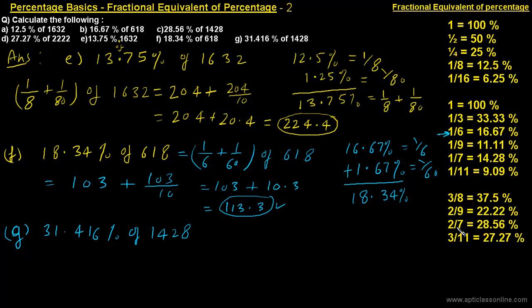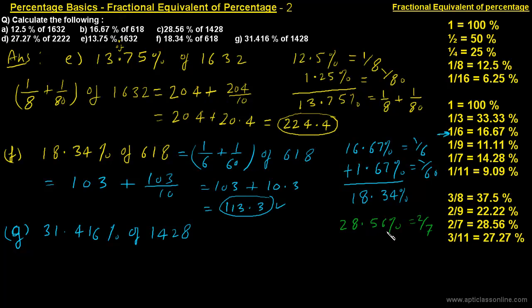Also, you have seen 2 by 7 is equivalent to 28.56%. And 31.416% is somewhat bigger than this 28.56%. What we have seen in the earlier two examples, you can guess again: how much bigger is it than 28.56%?